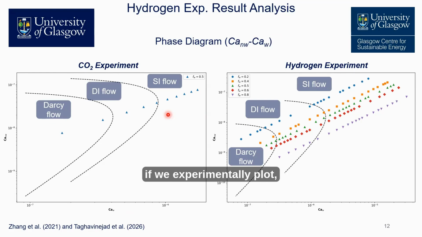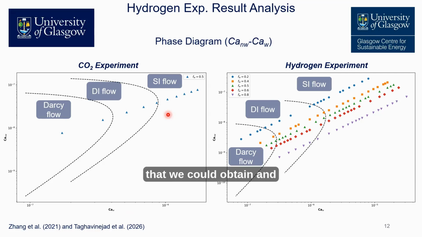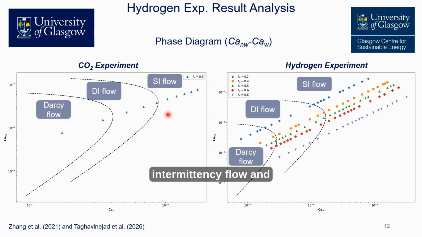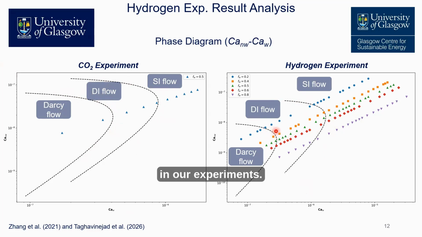So if we experimentally plot the capillary number of each of the phases that we could obtain, and use the analytical or theoretical definition of the threshold from Darcy flow to developing intermittent flow, or generally intermittent flow, and from developing intermittent flow to stable intermittent flow, we can see that the theoretical threshold values, the first one from Darcy to developing from the literature, and the second one being proposed by ourselves, agree with the thresholds we could see in our experiments.